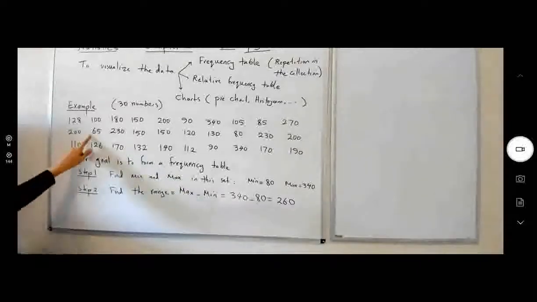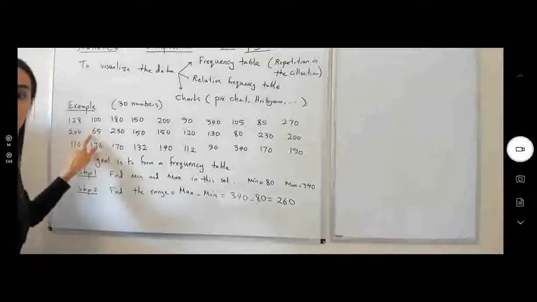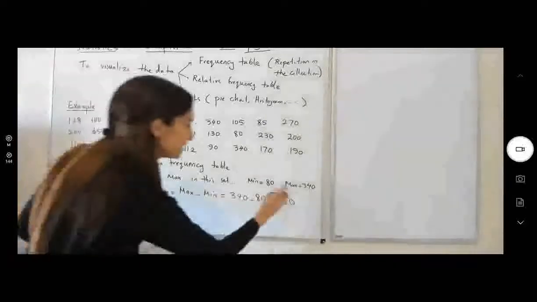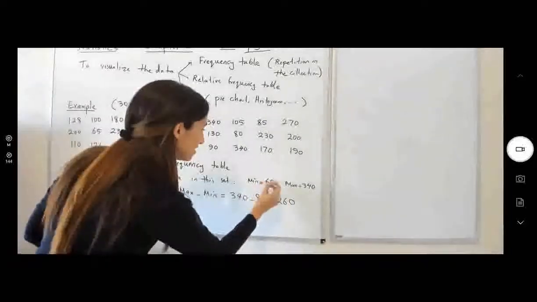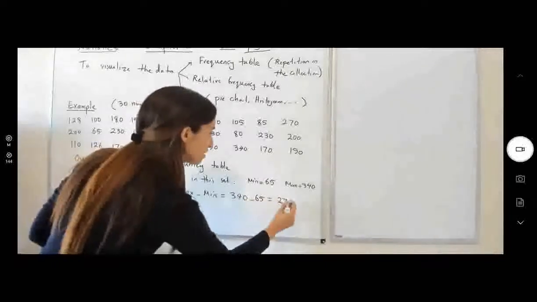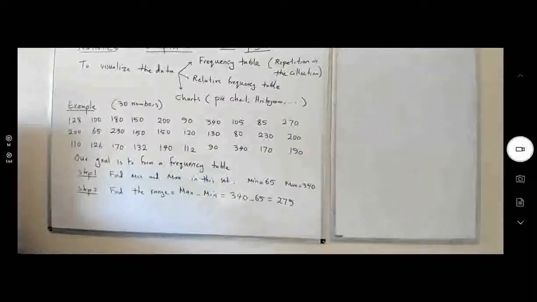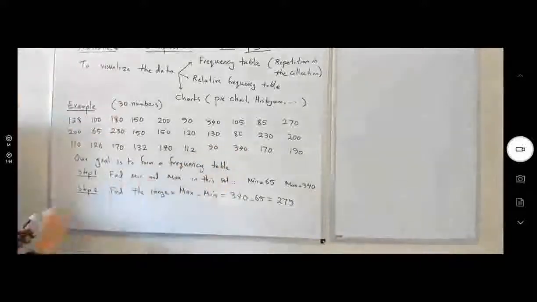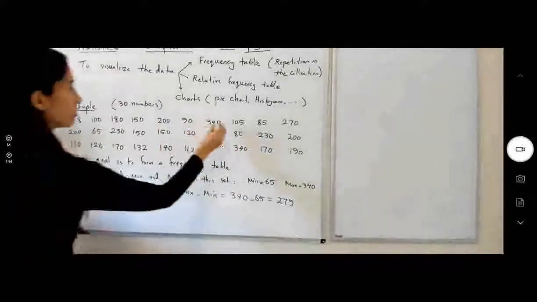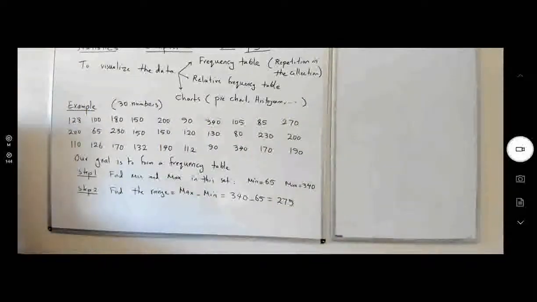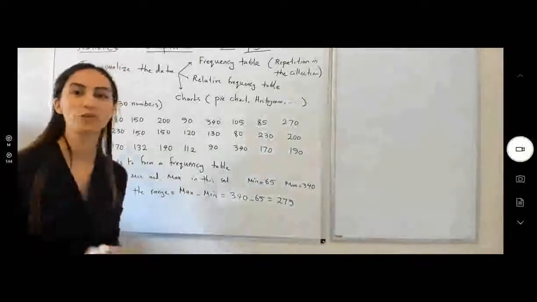Okay, guys, note that we made a mistake here. The minimum value is not 80, it is 65. So the range is 270. So let me just circle this, 65 and 340. Okay. There you go. So this is our range.